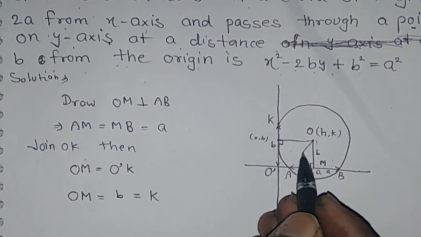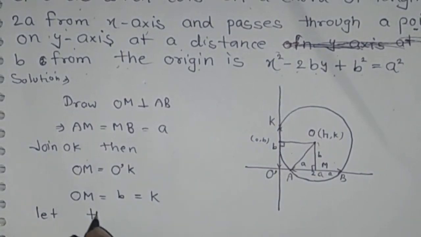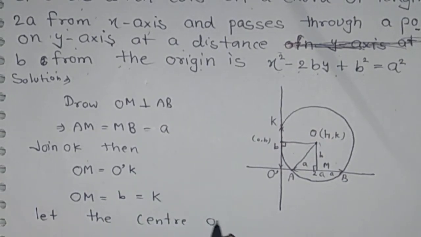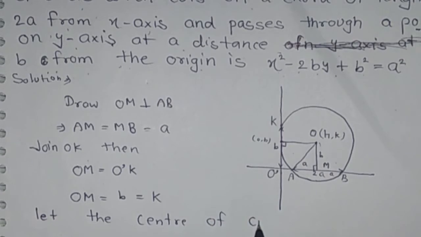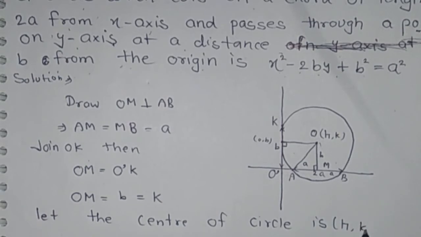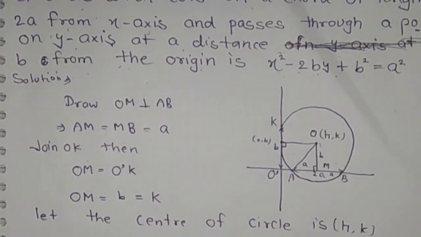Now radius OA, let the center of the circle be h comma k. Now we have to find an equation in terms of h comma k and replace it by x comma y, which is required locus of the center of circle.